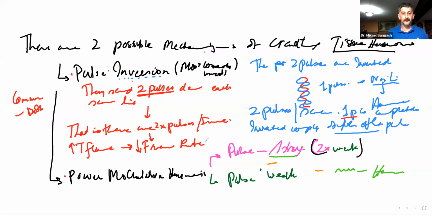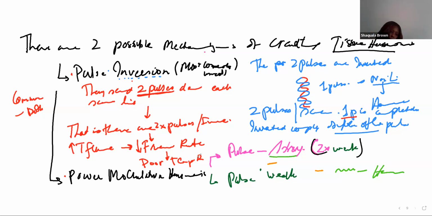And what that reduced frame rate will lead to is a poor temporal resolution. Did that make sense? Clear? If you just remember this much, you should be good.